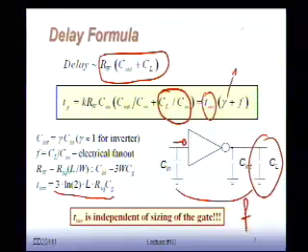It's really the ratio of Cint over Cin. If you look again, Cint is this diffusion capacitance, Cin is the gate capacitance. You can imagine that this is, again, a pure function of technology. You look at a particular technology, you compute the diffusion capacitors, the sidewall capacitance, the bottom plate capacitance, all this type of thing, and you get a certain value.